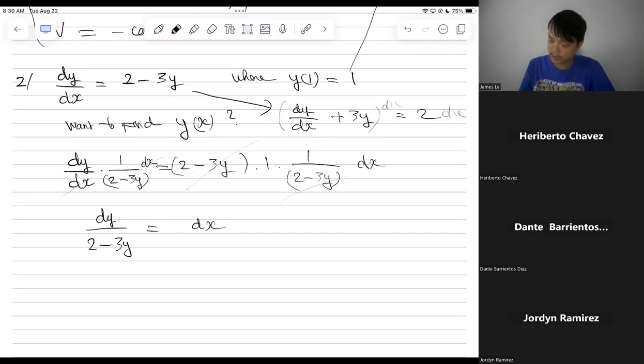you still have dy plus 3y dx. So how can you integrate this one? You have dy plus 3y dx. So don't do that. Don't separate like that.